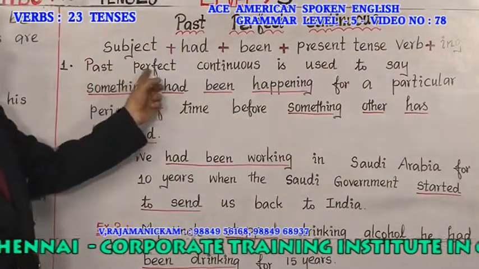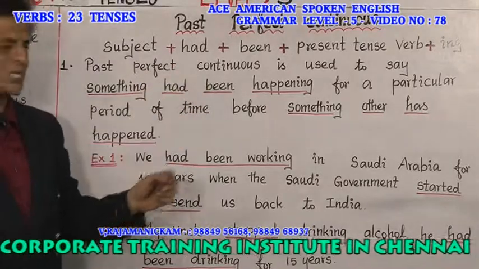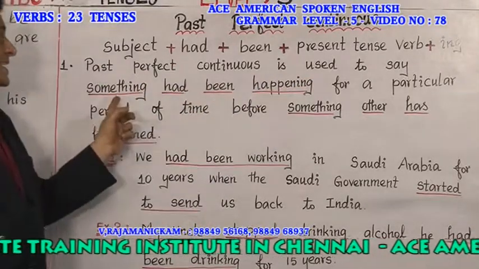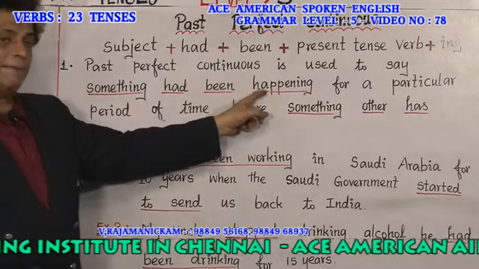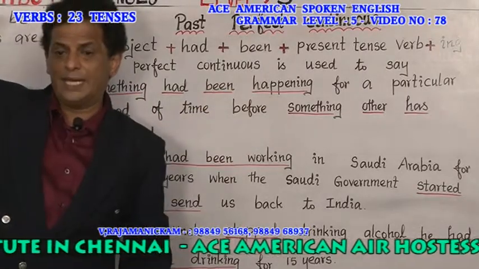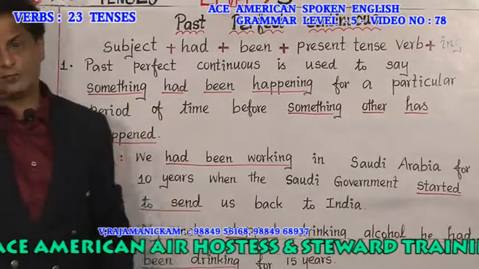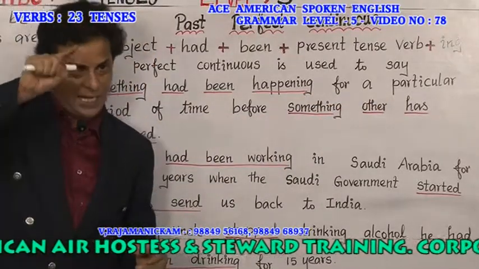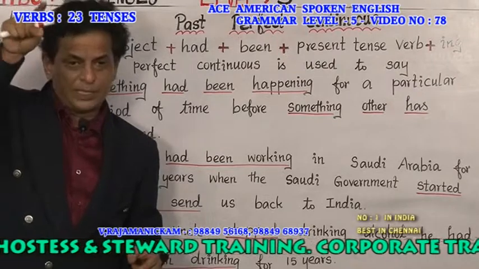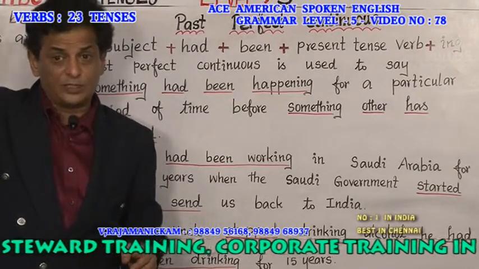So past perfect continuous is used to say something had been happening. Something had been happening for a particular period of time. Continuously it is happening.